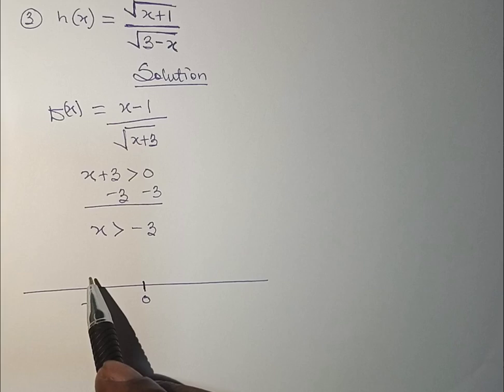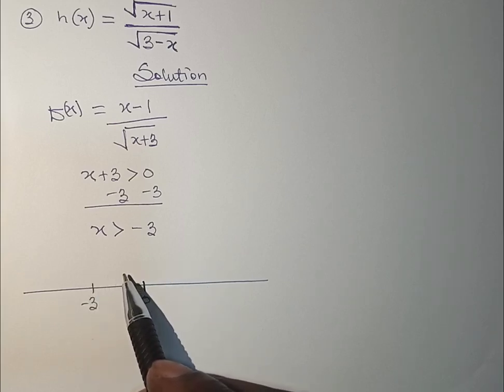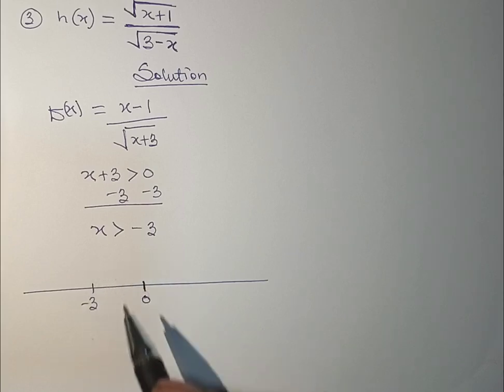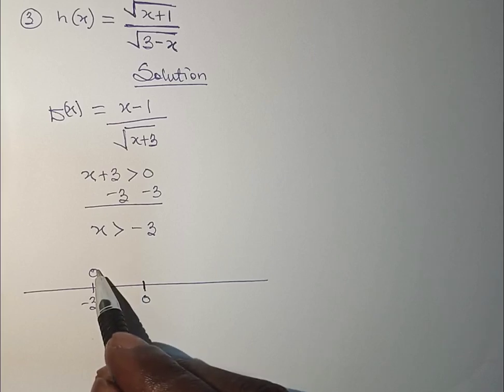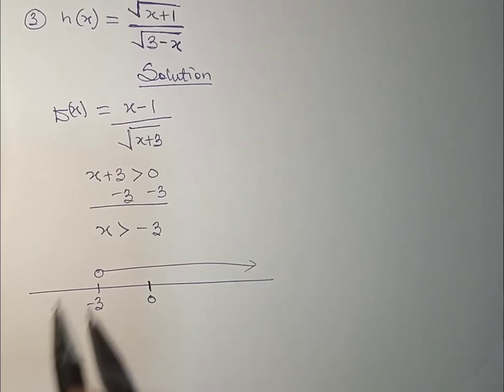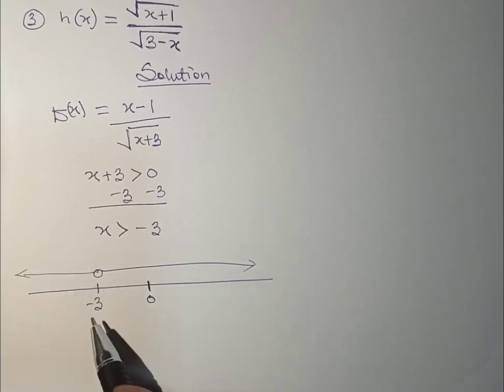So I'm looking at the side where all values are greater than negative 3. Always we say that the right side is the positive side, and those values are greater than those at the left side. So this direction becomes my positive side, which is the right side, and this direction becomes my negative side.